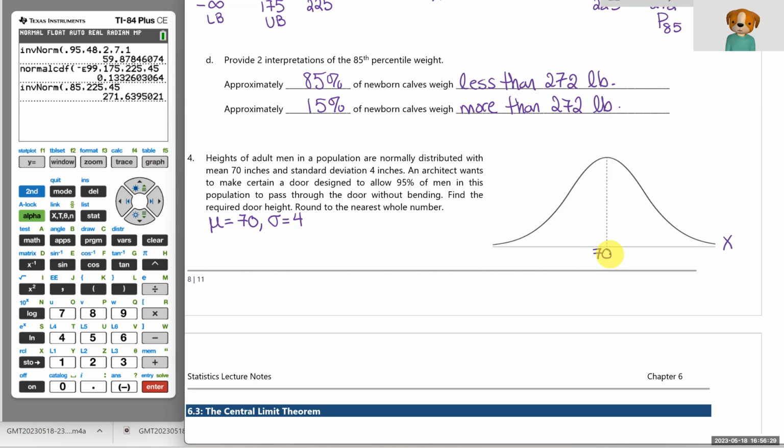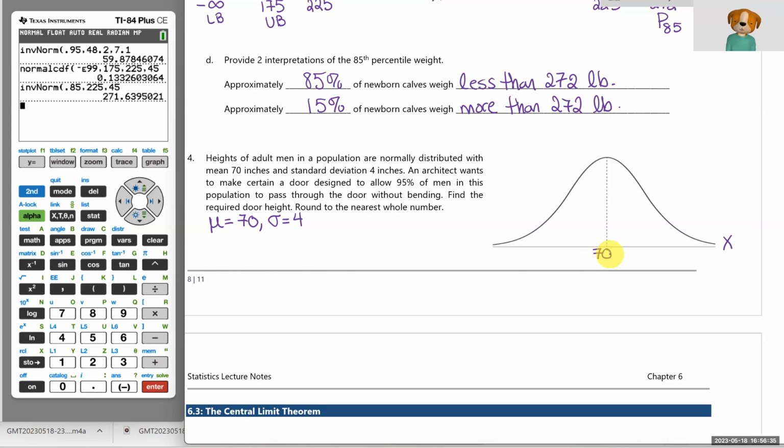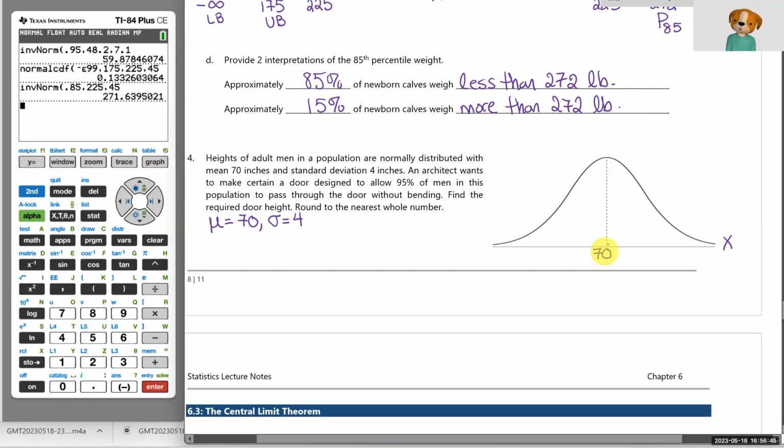They want to make a door so that 95% of men can get through the door without bending. So the door needs to be tall enough so that 95% of men can get through. If the door was 70 inches, that wouldn't be good because half of men are taller than that, so I'd have half of men needing to bend to get through a 70-inch door. So I need the door to be taller.